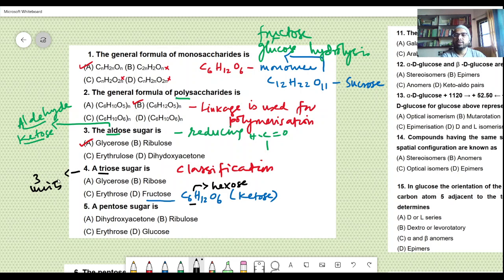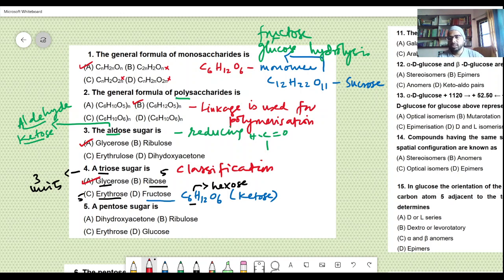Ribose is a pentose, so it is 5 units. Erythrose is a 4 unit sugar, so the only option left is glycerose. It's not in your syllabus, but just try to eliminate. Ribonucleic acid, meaning DNA and RNA, all have some kind of sugars.